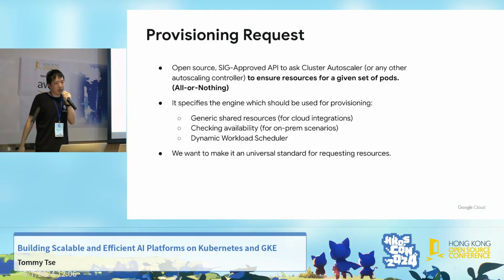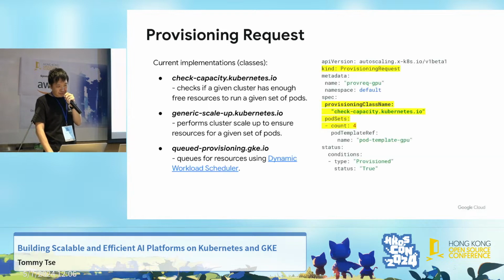But when it comes to AI training, it's very important that I get all the resources at the same time. ProvisioningRequest is just an enhancement to the cluster autoscaler to enable that. This is one example where I want to run 4 pods, with this request sent to the cluster autoscaler. And we have an integration with our DWS, one of the specific implementations called queued-provisioning.gke.io.